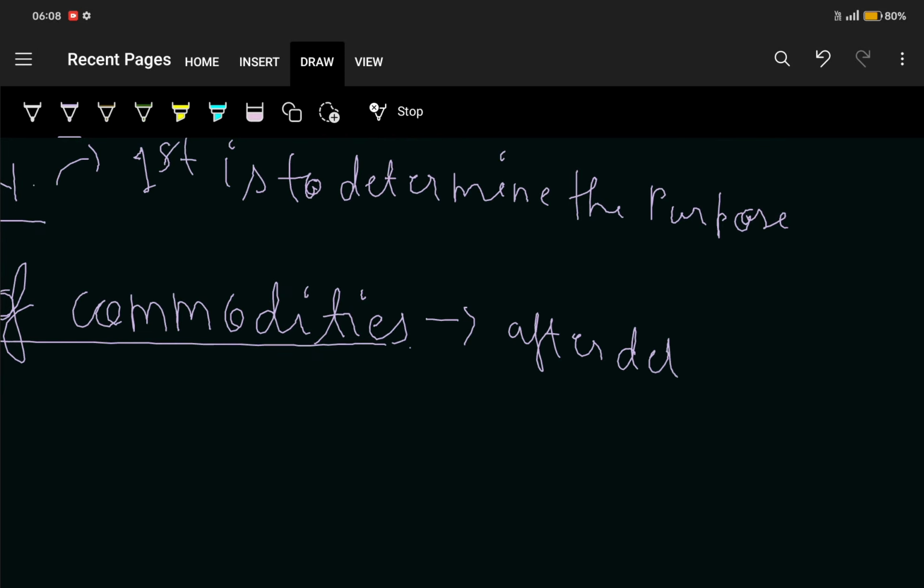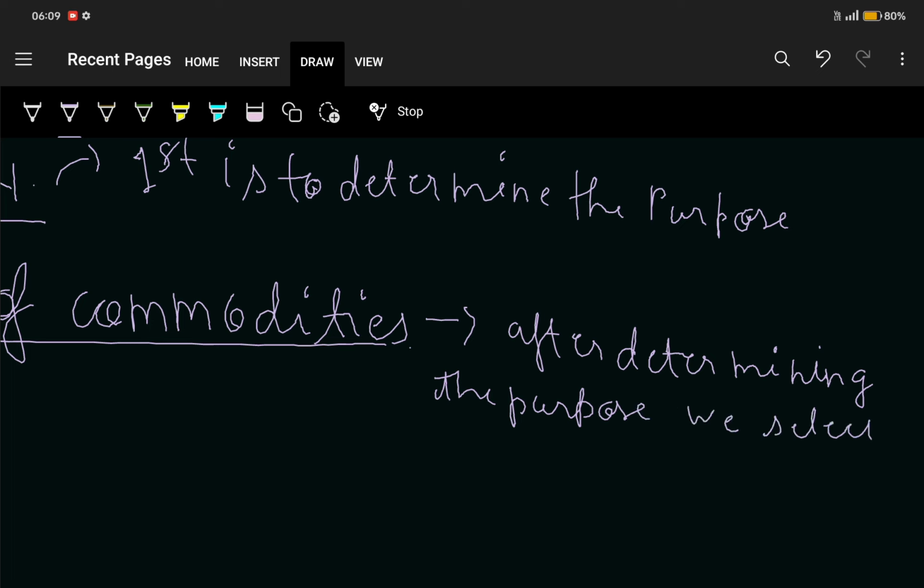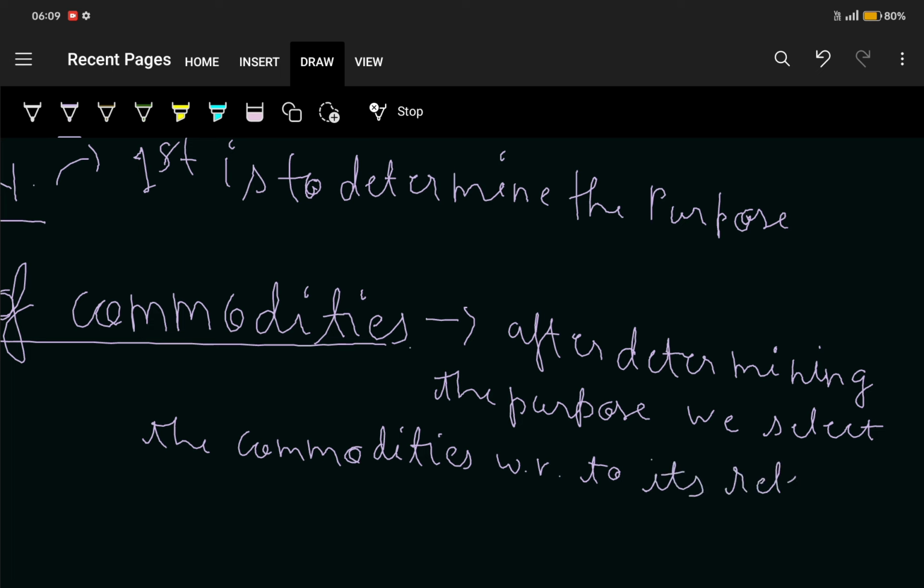After determining the purpose, we select the commodities which are relevant, with respect to their relevance.